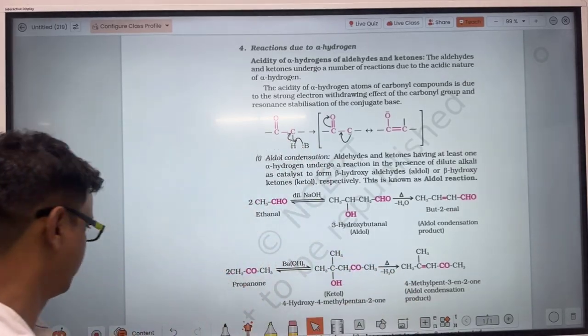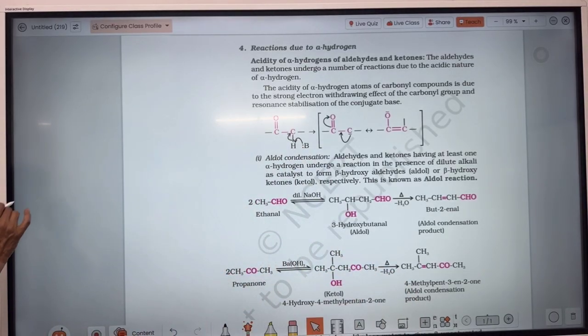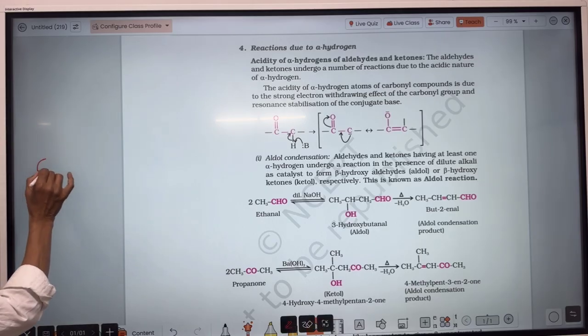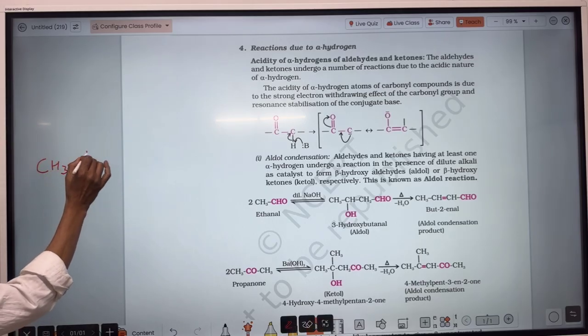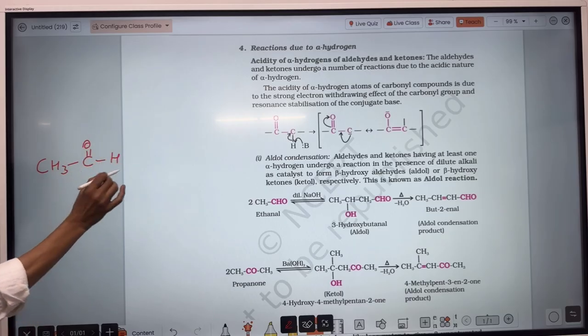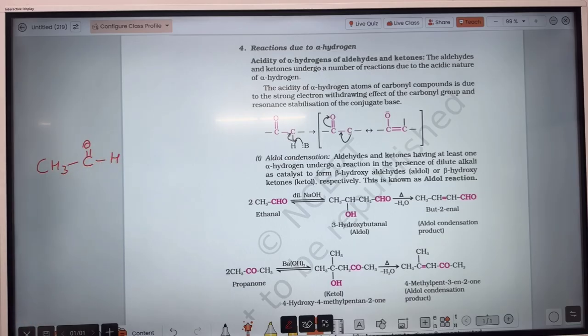Let's see here how the reaction is taking place. As an example, this compound will show the aldol condensation reaction because there is an alpha carbon and here alpha hydrogen.